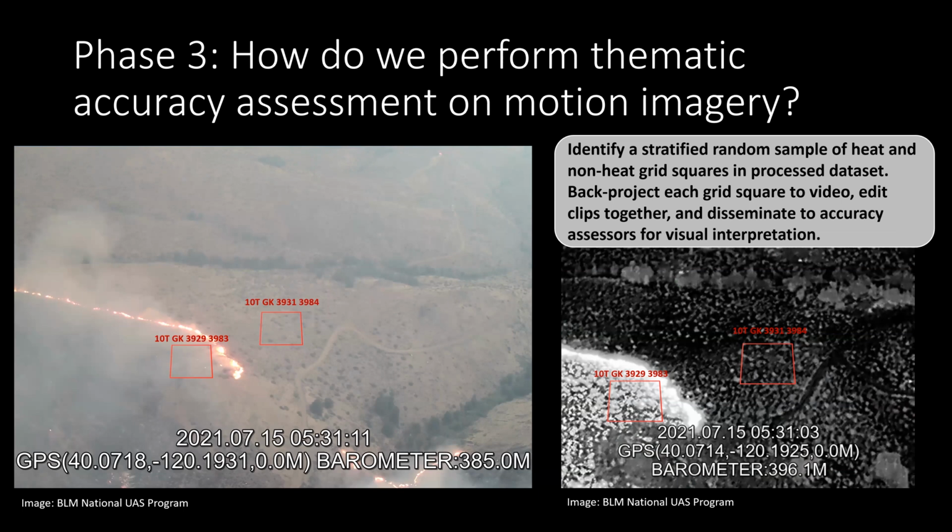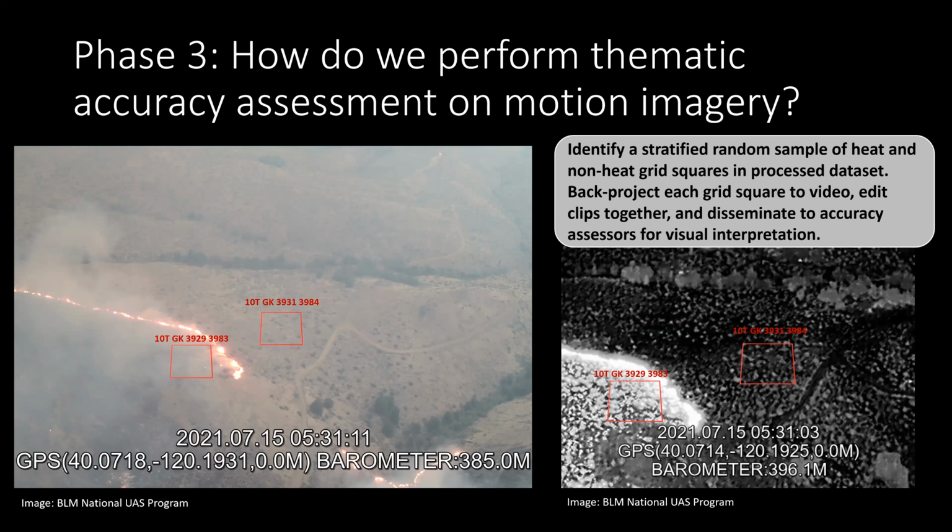So we have to use the source imagery itself as reference imagery. The idea is to back project a stratified random sample of heat and non-heat grid squares from the processed data set from the map space back to the image space.